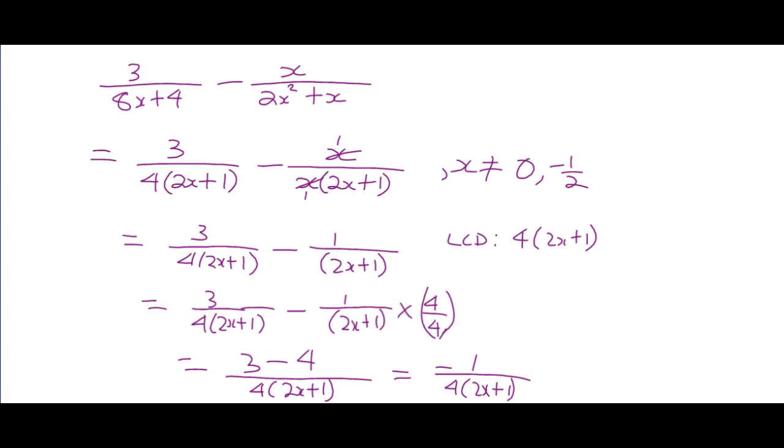Okay. Now that that's simplified, it makes for a simpler LCD, right? It's just 4 times 2x plus 1. And you don't have to do anything to this denominator. It already is 4 times 2x plus 1. If you had your LCD as 4 times x times 2x plus 1, then you've got a bit more work that you've done. You've got x's here and x's there.